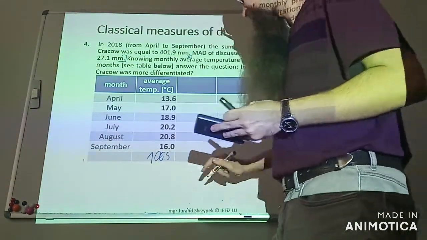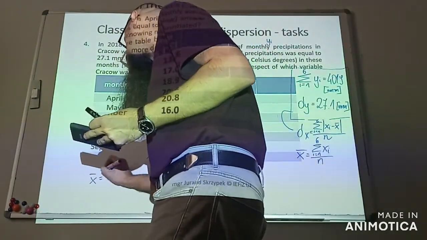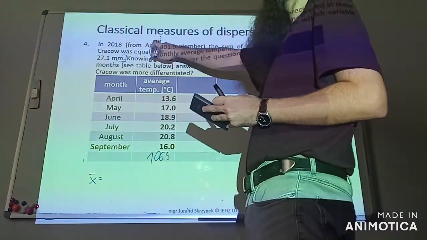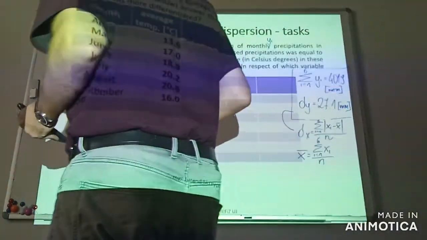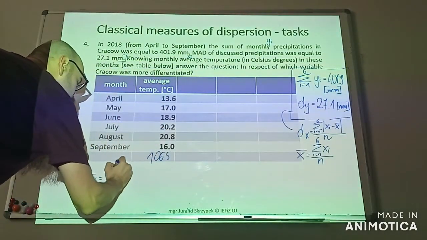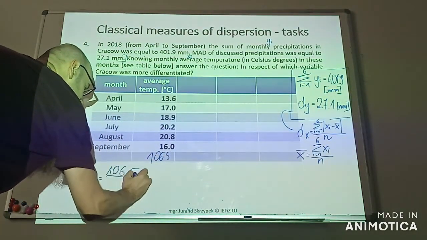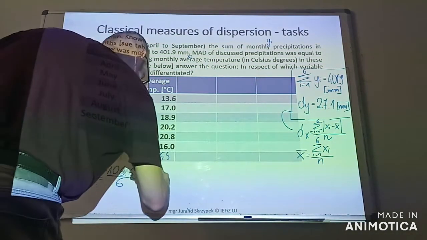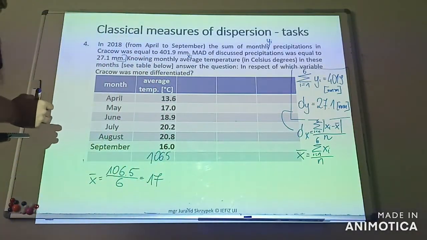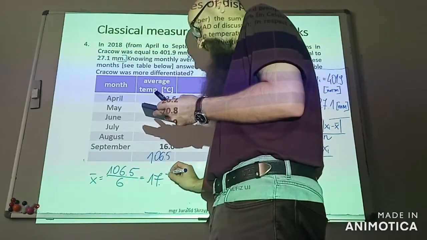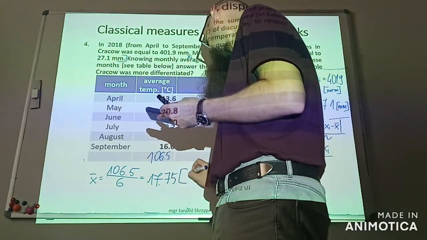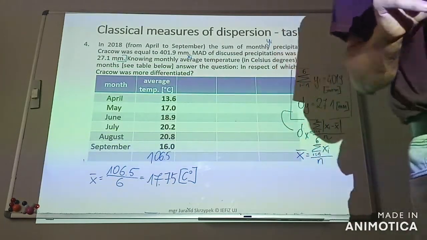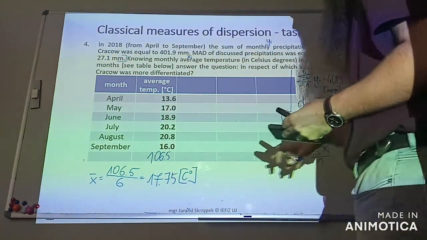Then the arithmetic mean of the monthly average temperature in the period from April to September is 106.5 divided by 6 observations, and the average temperature in this period was 17.75 Celsius degrees. It's my reference point.